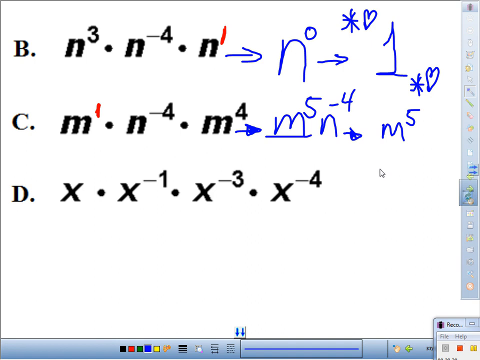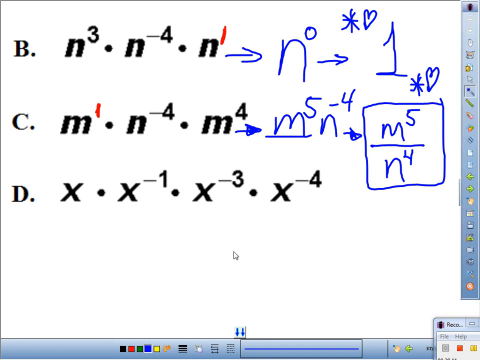If that's true, then if we have another variable with a negative exponent, we move that to the denominator to make it a positive exponent. So this one goes down here and changes to a positive. And that's it. We can't subtract the exponents because they're not the same base. Is that correct?